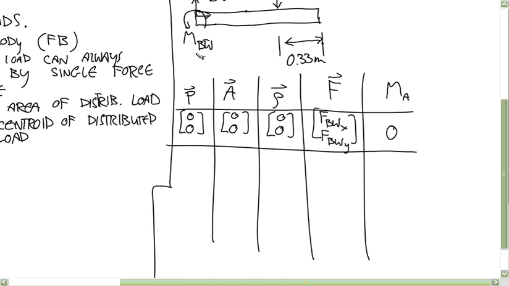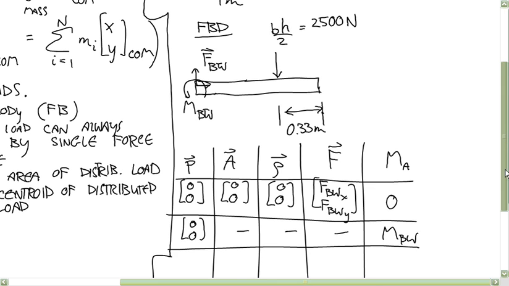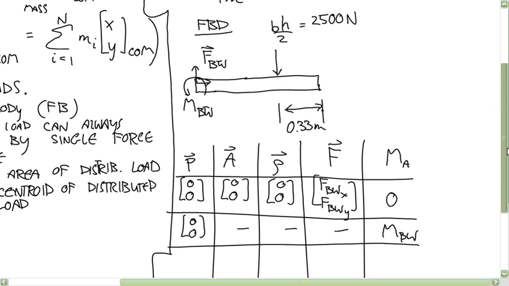Then we have that couple. That's also located at the wall. None of these other ones are relevant. And that's the moment on the body by the wall. And then we just have this force, 2,500.